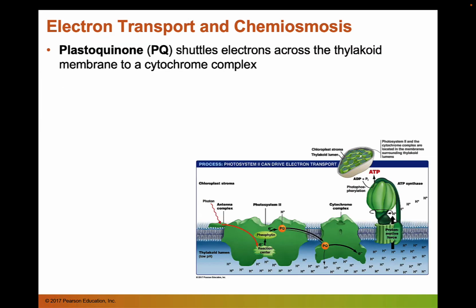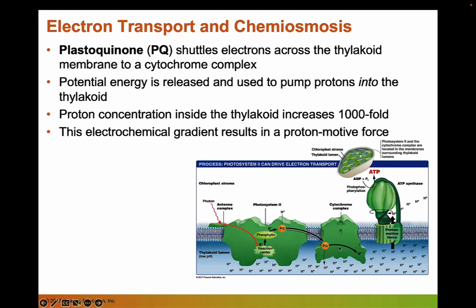So, as we mentioned, the first molecule here that's reduced is pheophytin. Pheophytin then transfers the electron to plastoquinone, or PQ. And PQ is going to shuttle the electron across the thylakoid membrane to the cytochrome complex.